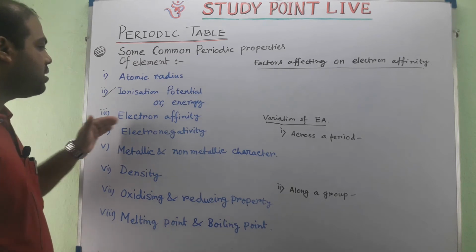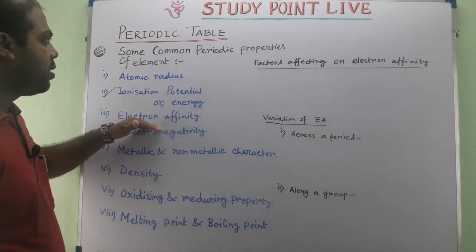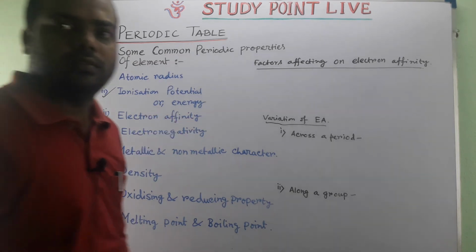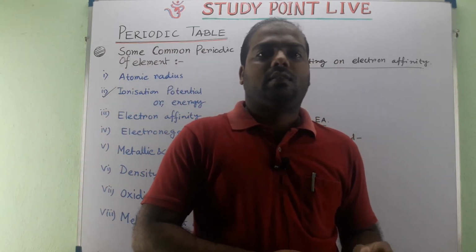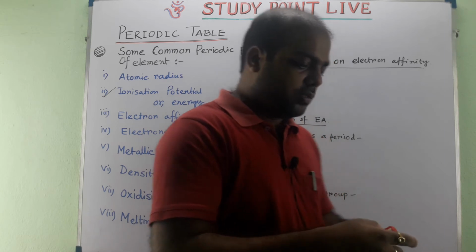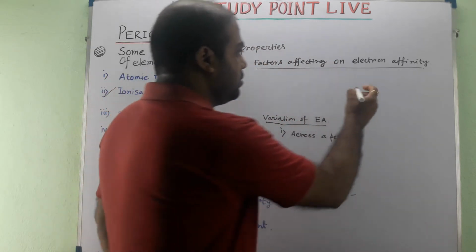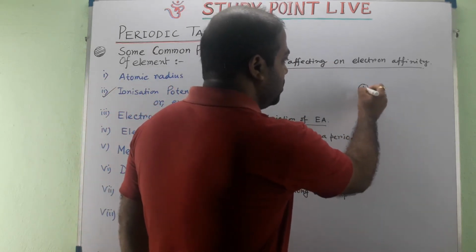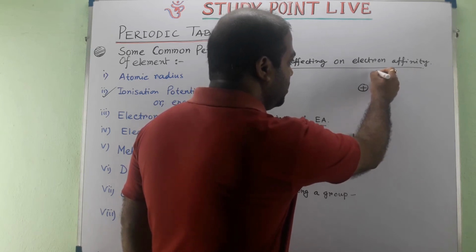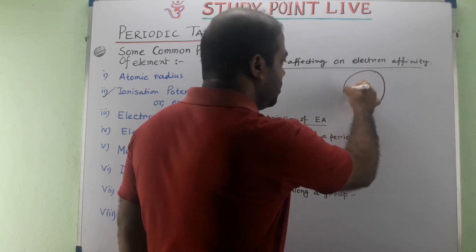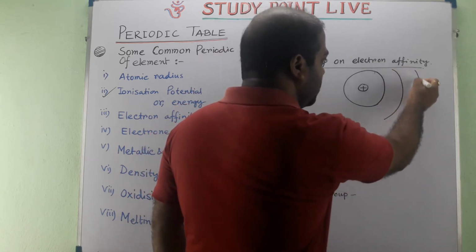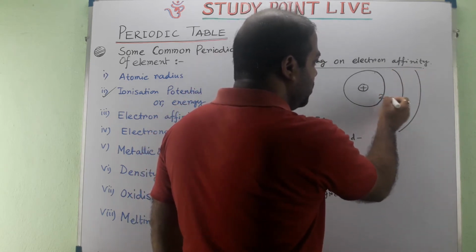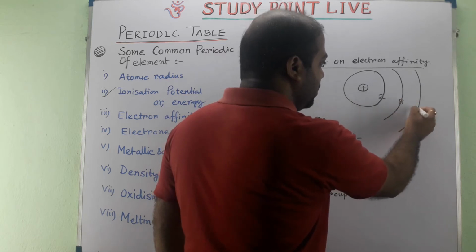Now we are going to discuss the next periodic property, that is electron affinity. So what is electron affinity? Suppose the element has the electronic configuration 2, 8, 1.